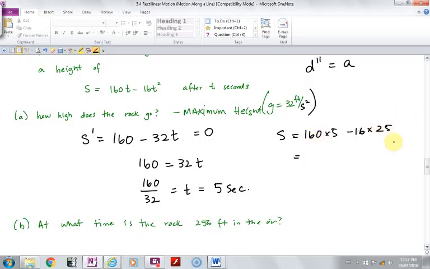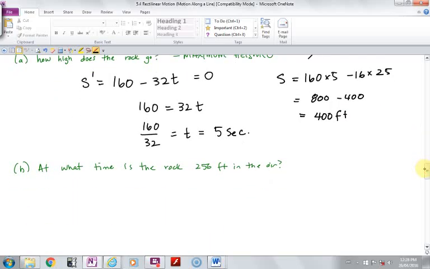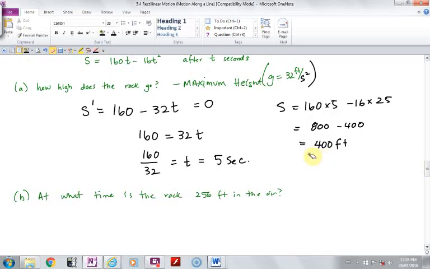That's 16 times 25 is 400? Yeah. Okay. So everything's 400. So it's 800 minus 400. Good. All right. So the maximum height is 400 feet.